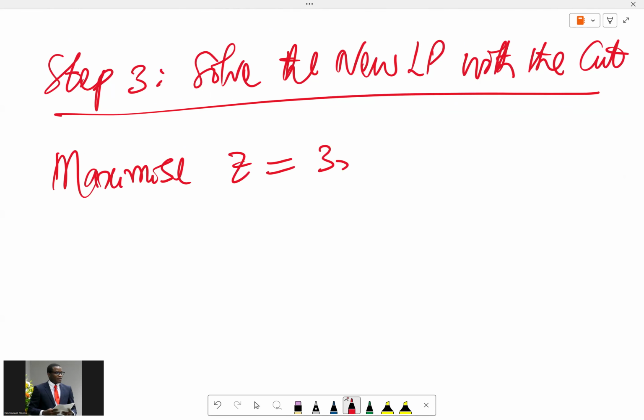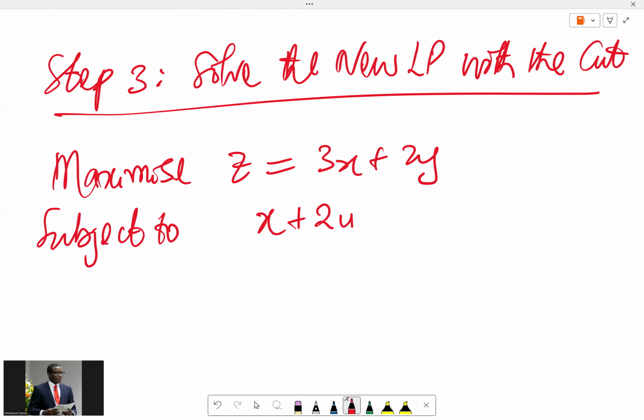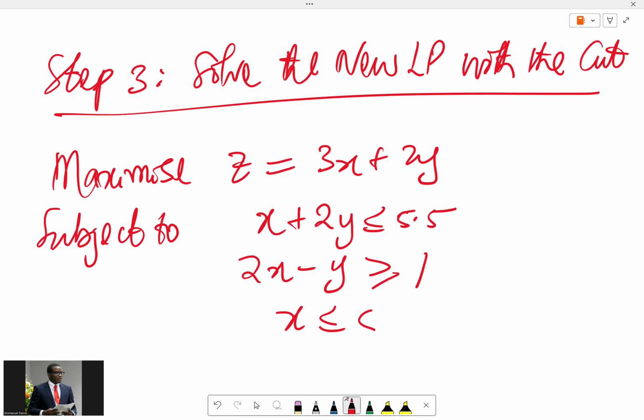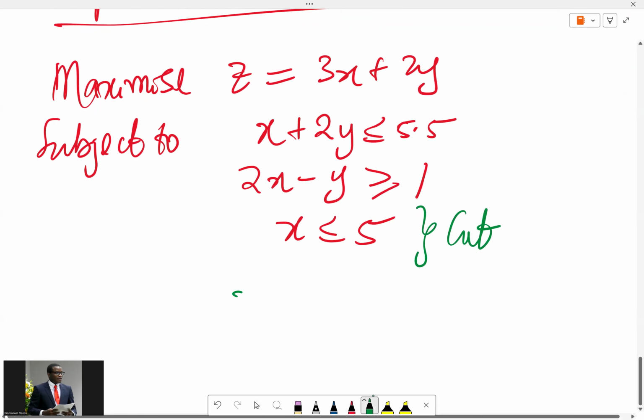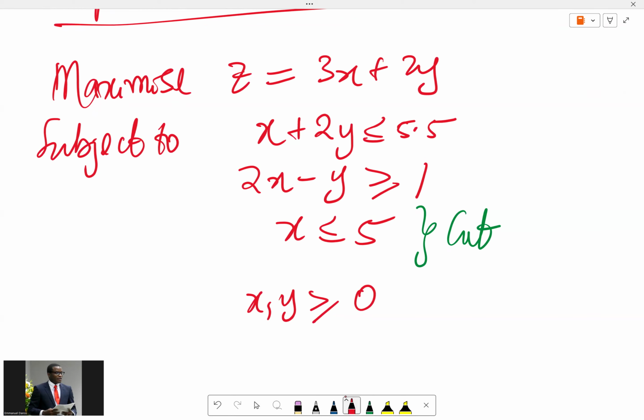Maximize Z equals 3x plus 2y subject to all the normal constraints: x plus 2y less than or equal to 5.5, then 2x minus y greater than or equal to 1, and then x is less than or equal to 5. So you see, this is the cut we have added. And then, of course, x, y are greater than or equal to 0. So in this case, of course, we already know our plan is to take it all the way down.